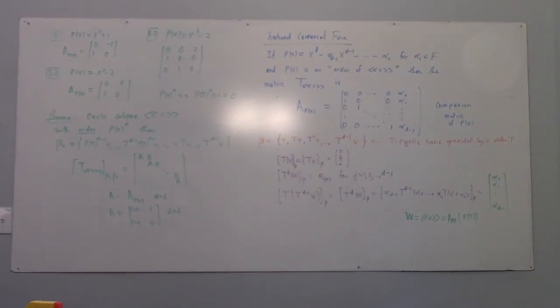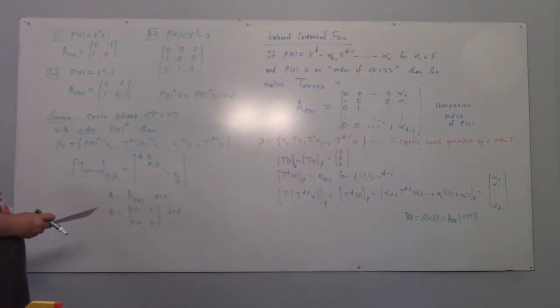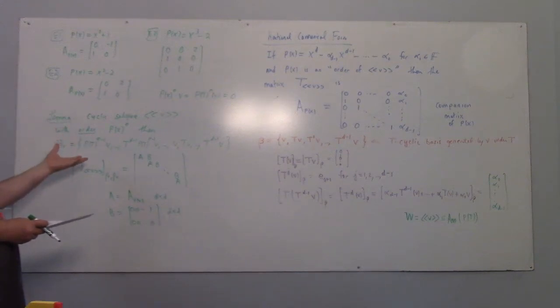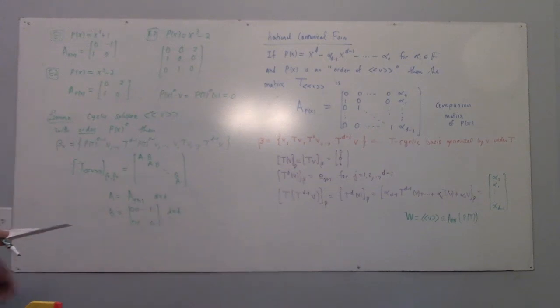So this is what, in Curtis's view, the rational canonical form looks like for a repeated polynomial.